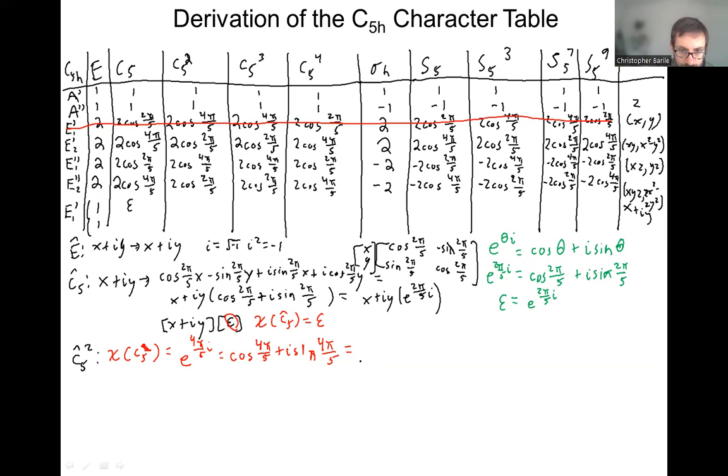And if you actually look at what this is, okay, what you can do is, it kind of looks like, okay, I have a 4 here. What we're going to do is take epsilon squared.